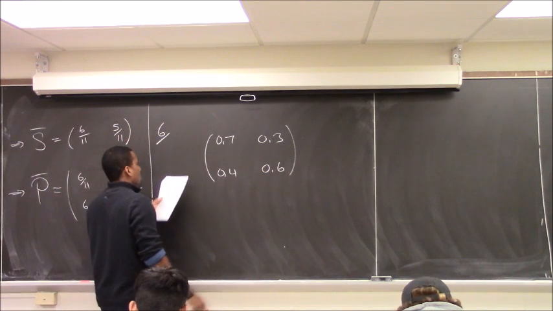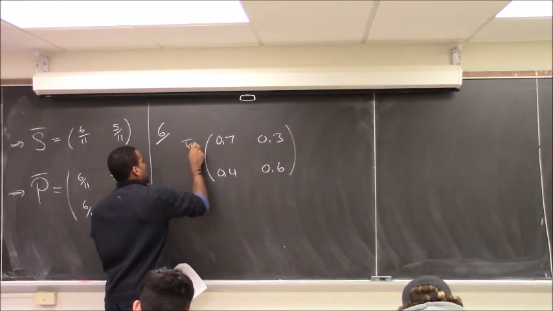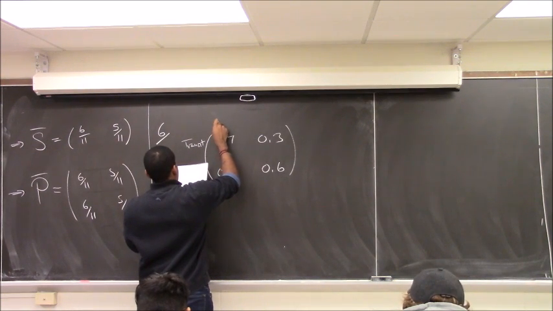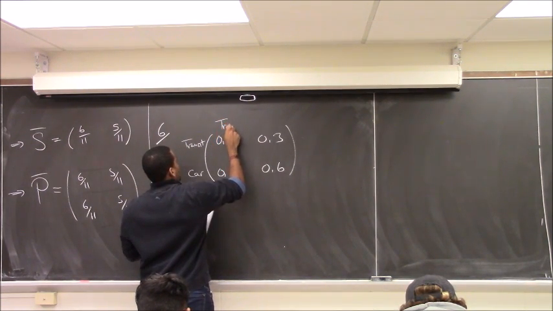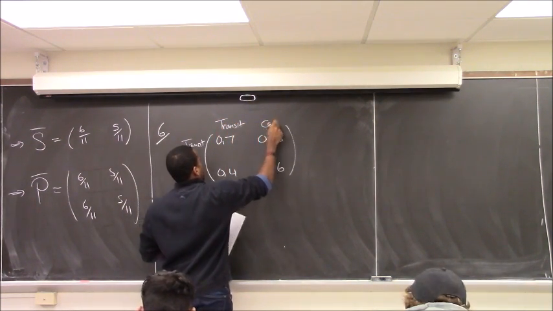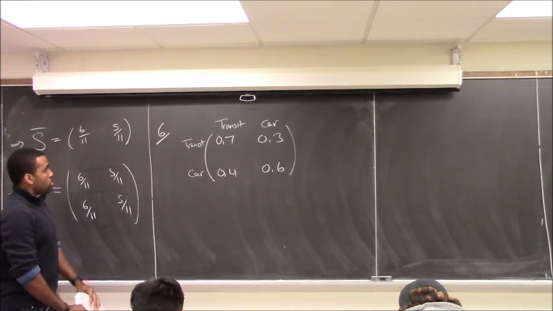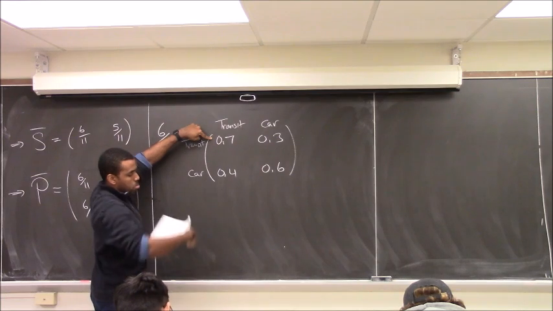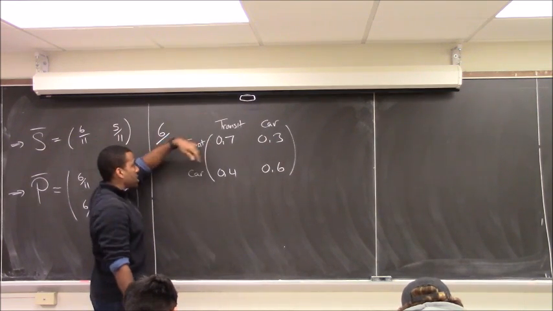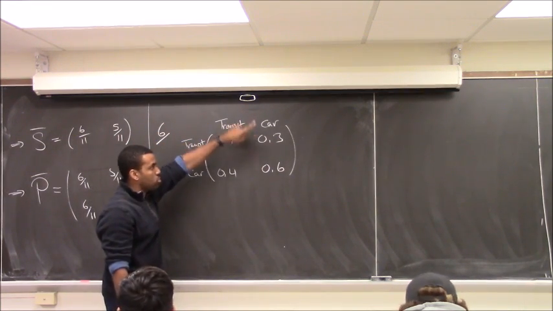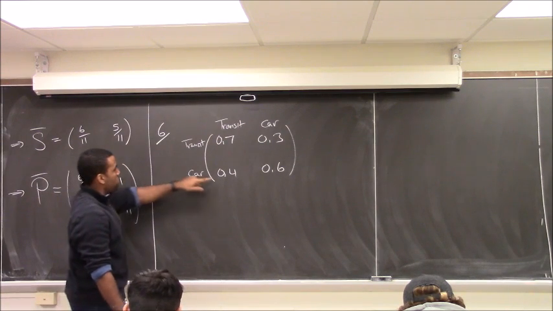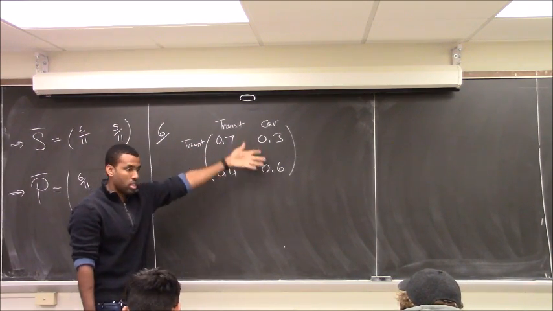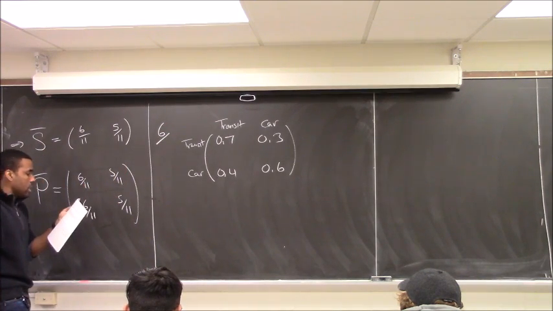These are the people who go by transit and the people who travel by car. So 70% of the people who travel by transit in one month will also travel by transit the next month, while 30% of them will switch to traveling by car. 40% of those who travel by car will travel by transit the next month, and 60% of them will continue to travel by car. That's how you read that.